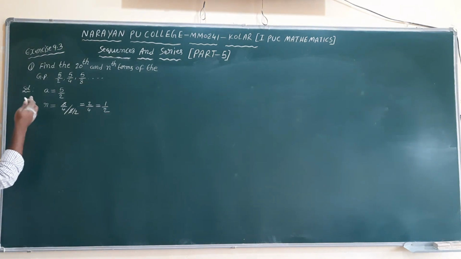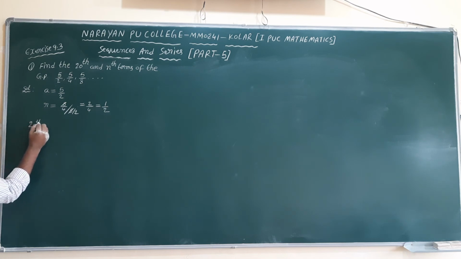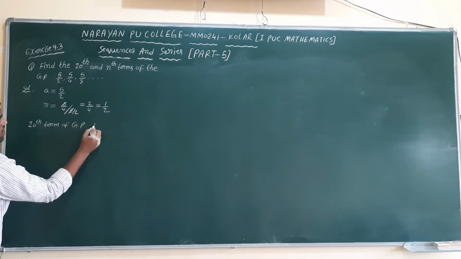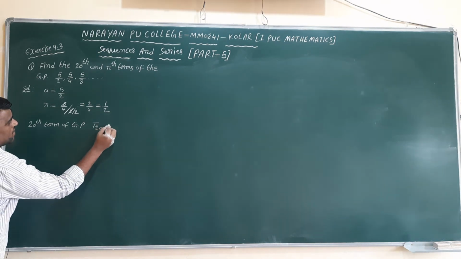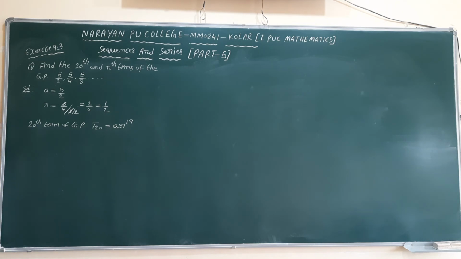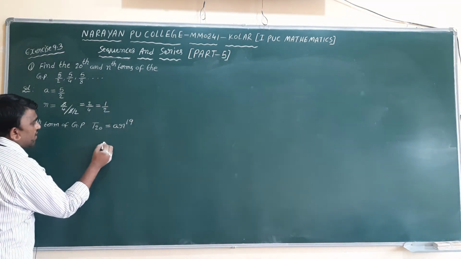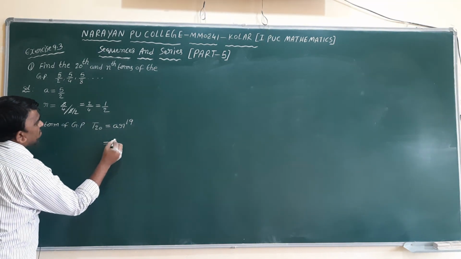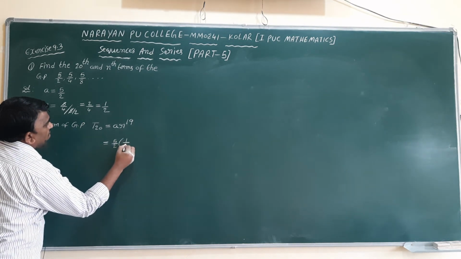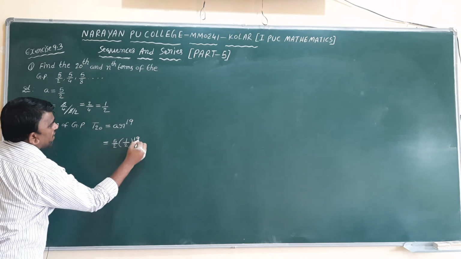For the 20th term of the GP, T20 is equal to AR power 19, that is 5/2 into 1/2 whole power 19.